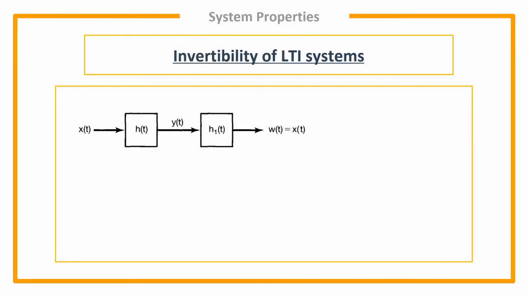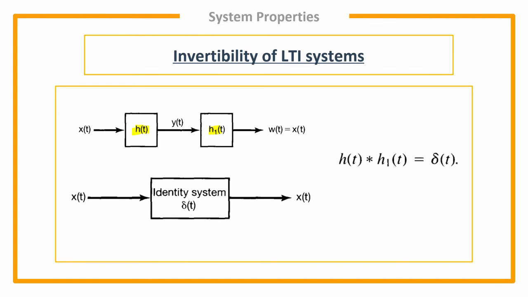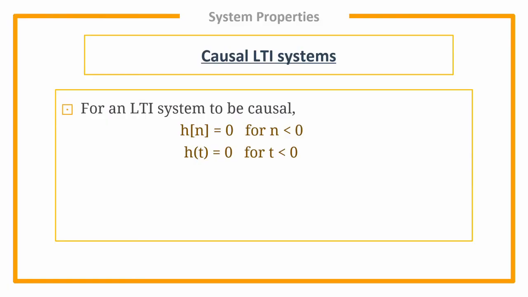For an LTI system to be invertible, we find that the impulse response of this system, that is h of t, and the impulse response of the inverse system, when convolved, give you the impulse signal, that is h of t convolved with h1 of t gives you delta of t. For an LTI system to be causal, it has to satisfy this condition, that is the impulse response equals 0 for negative values of n in discrete time and h of t equals 0 for t less than 0 in continuous time.